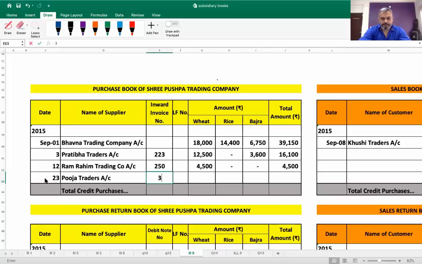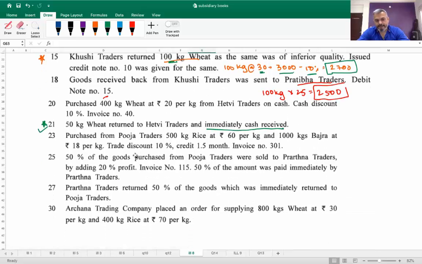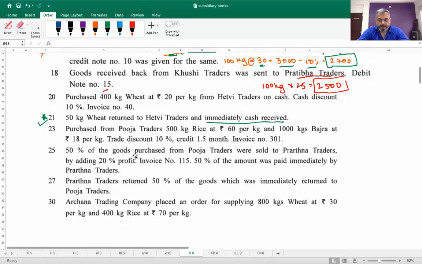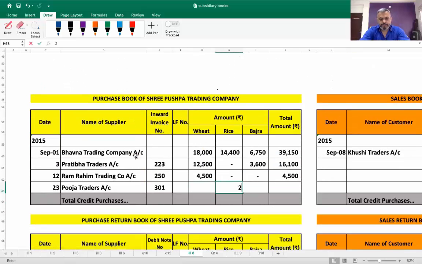Bill number 301. 500 kg rice at 60 per kg. So 500 into 60, 30,000 minus 10%. So 27,000.